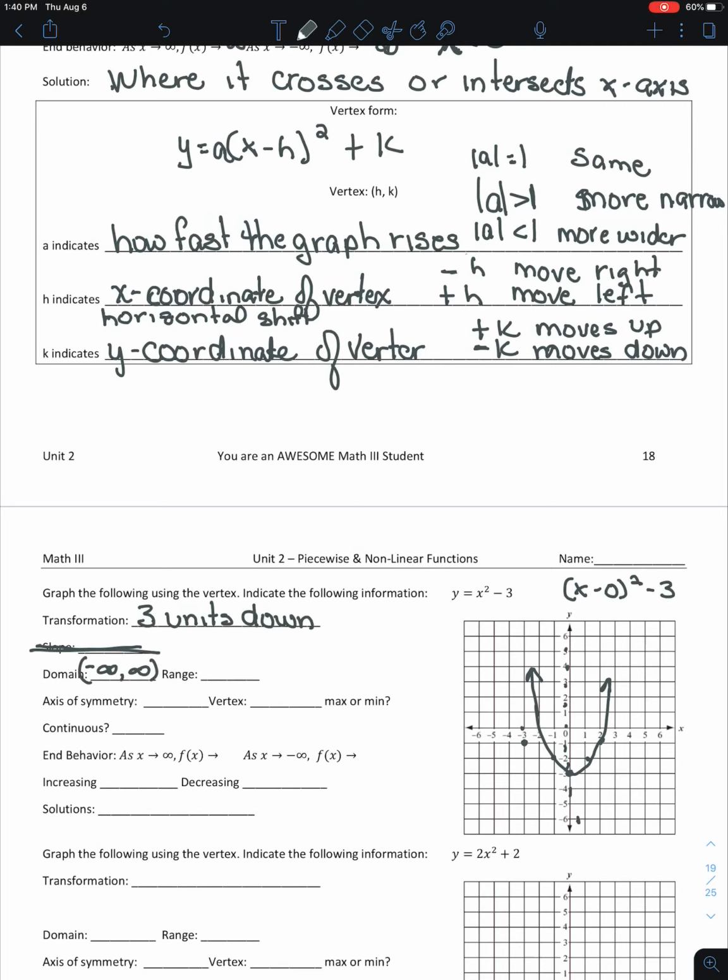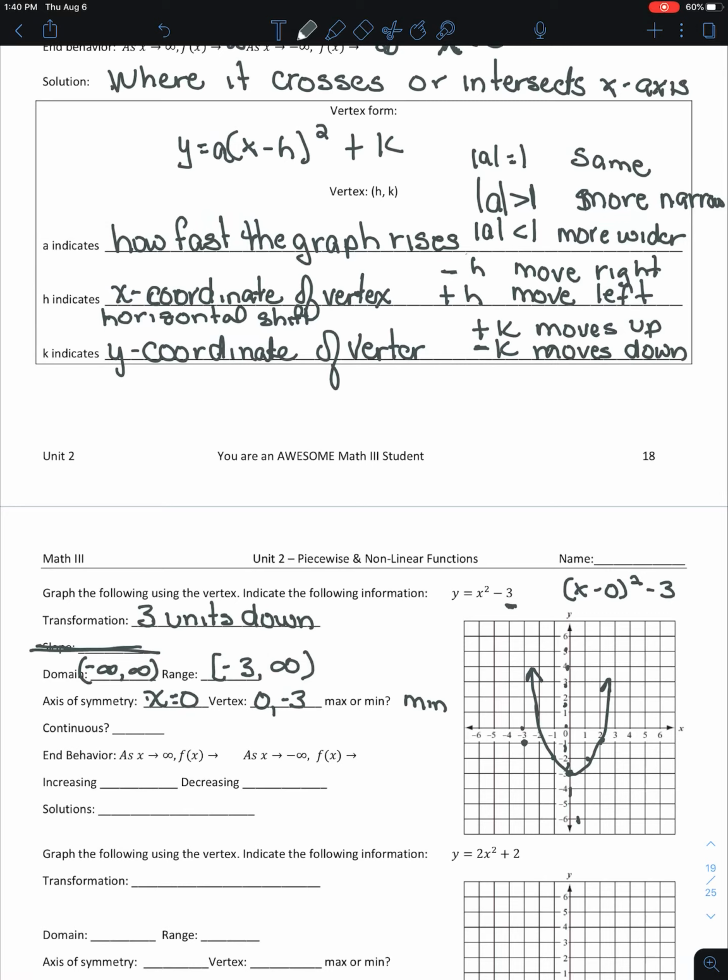The domain for all these will be negative infinity to infinity. The range will go from negative 3, included, to infinity. Remember that negative 3 comes from that vertical shift. The axis of symmetry is x equals 0.